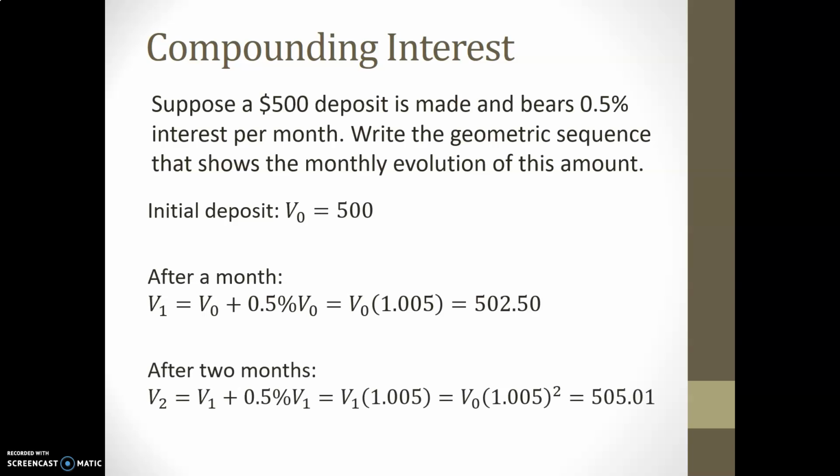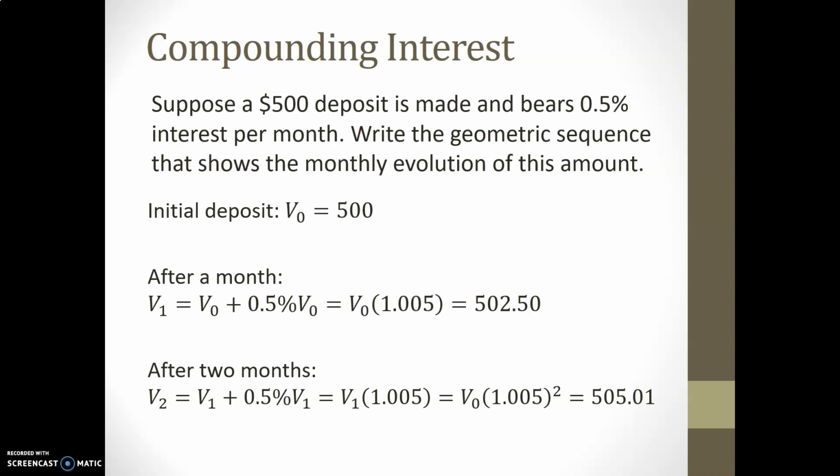After 2 months, the value of the investment depends on what the amount was after 1 month and 0.5% added to that amount. So it's 0.5% of V1 that is added. Once again, V1 this time is common and can be factored. So V1 is multiplied by 1.005, but V1 itself was obtained from V0 times 1.005.